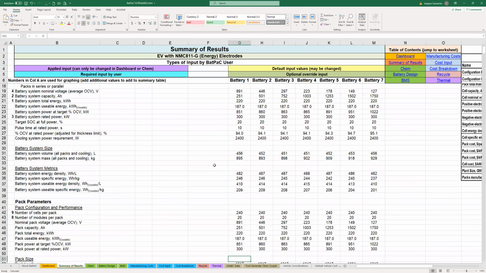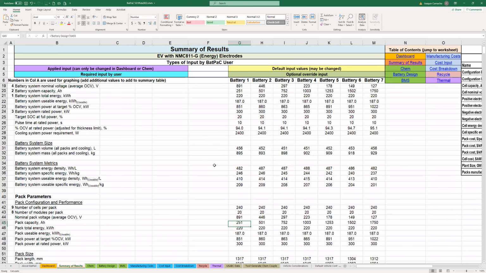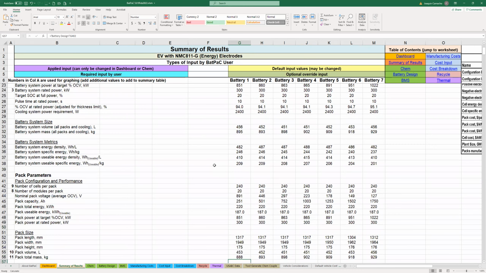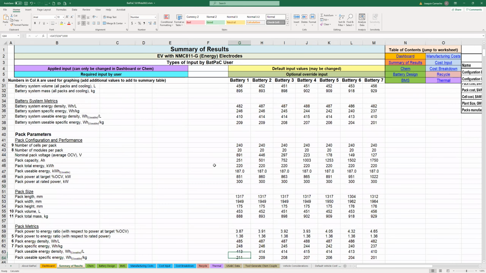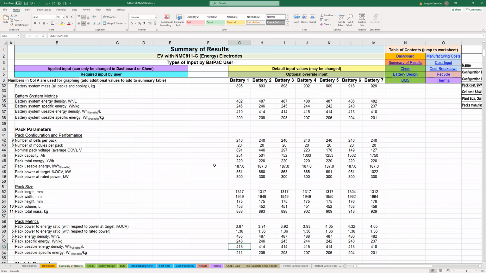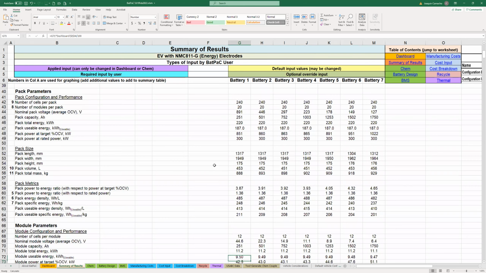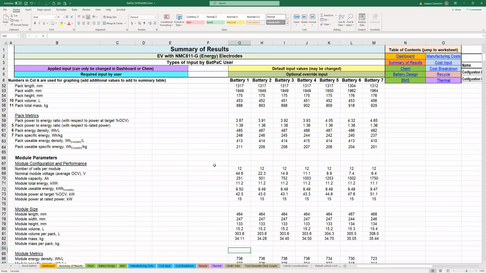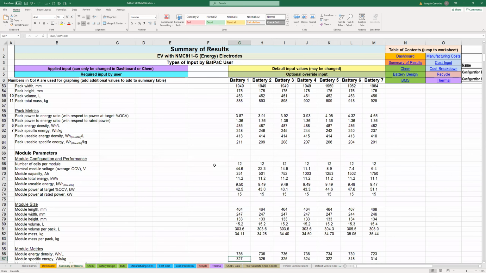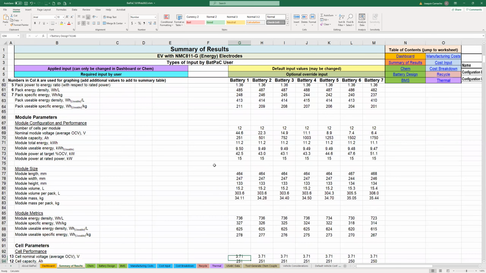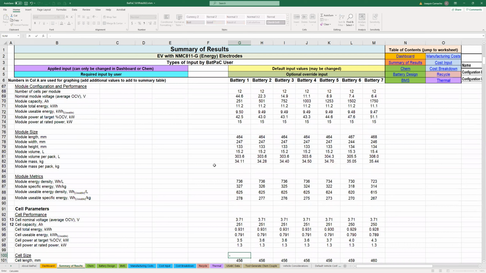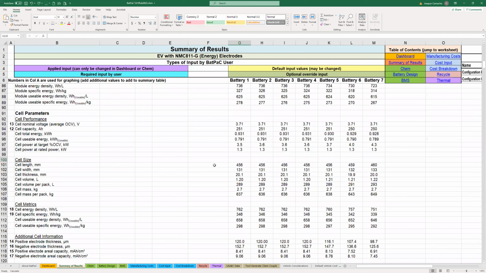Power. I guess metric here. There's a power. Somewhere here.